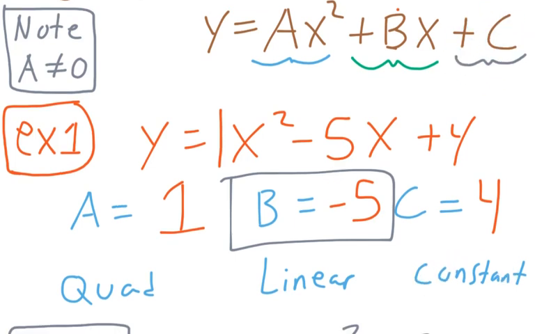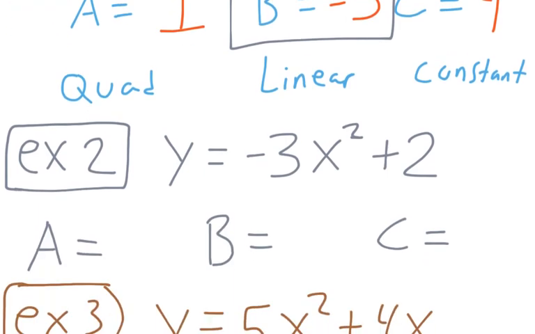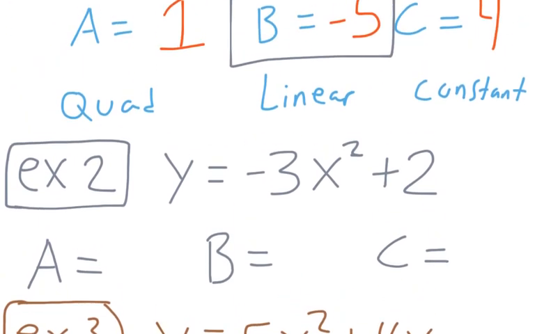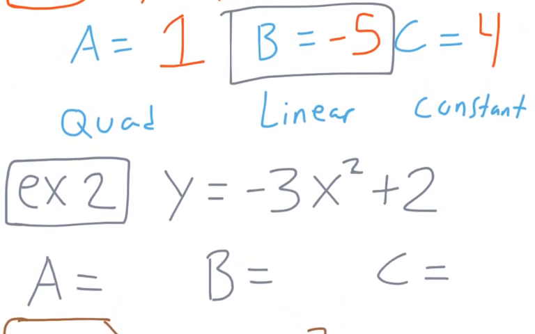Let's look at a couple more. Example 2 is y equals negative 3x squared plus 2. Looking at it right away, you should be able to see that I have a negative 3 in front of x squared, so a is negative 3 in this case. However, my b term, that's the plus something x. This 2 here is actually my c term, because that is my constant.